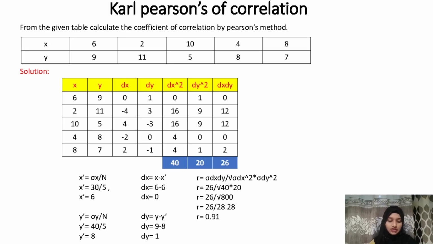Similarly, calculate the deviation of variable y, y minus y bar, from the mean, dy. Third step, square dx and dy. Fourth step, multiply dx into dy. It is very simple to find the correlation analysis.